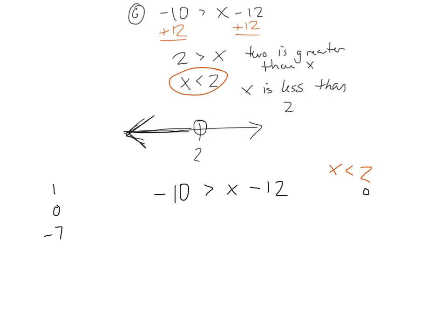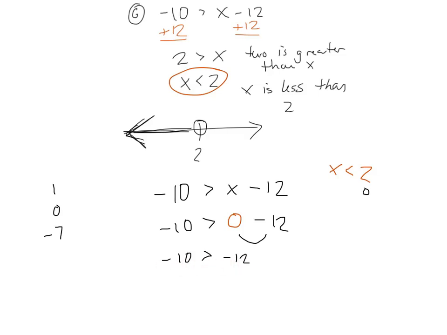So now I'm going to have negative 10 is greater than 0 minus 12. Okay. Now, how do I simplify that? Well, we're just checking to see if this gives us a true statement. So negative 10 is greater than 0 minus 12. That gets you negative 12. Okay, so notice we don't have any variables anymore, so we just have a statement.